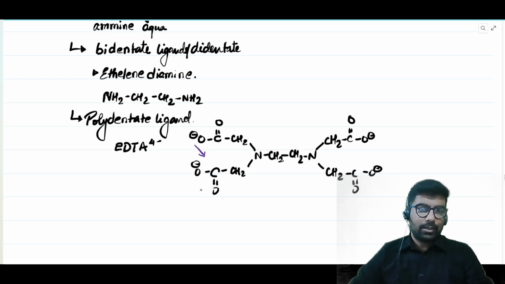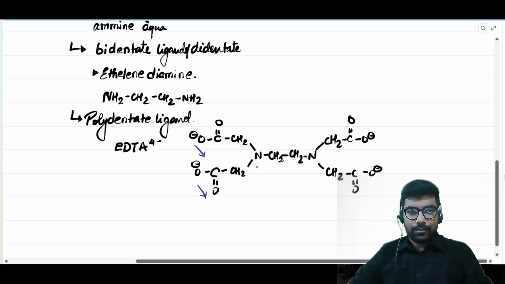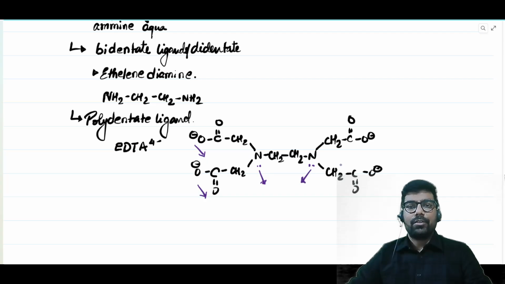It can bind through the lone pair of nitrogen from this one, again a lone pair of nitrogen from this one, this O minus and this O minus.